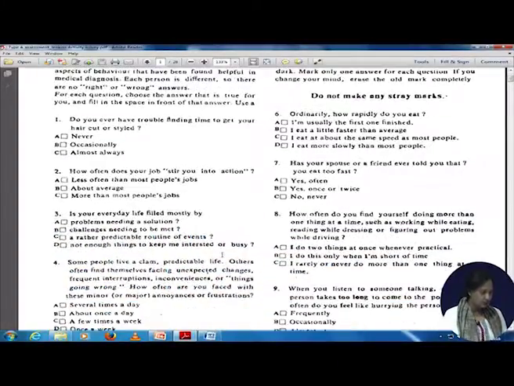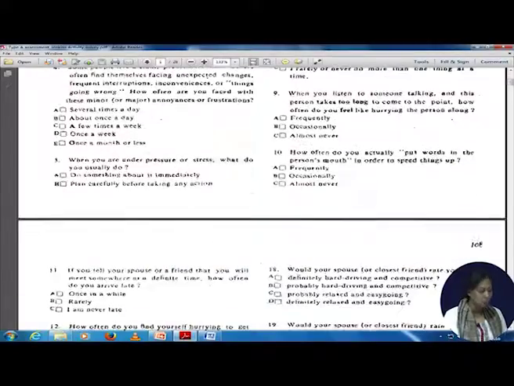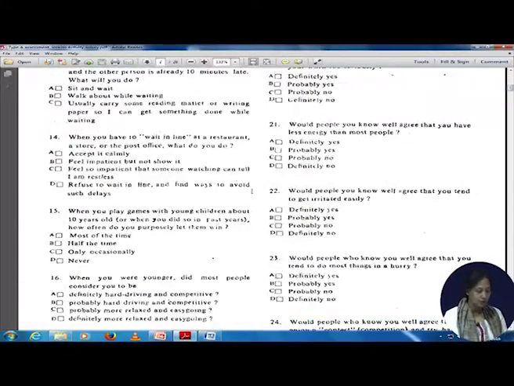So, this is the test, and as you can see, there are 3 response categories. For some tests it has 4, for some it has 5, and in this case it has 3. So, you have to tick what suits you most or what defines you most.